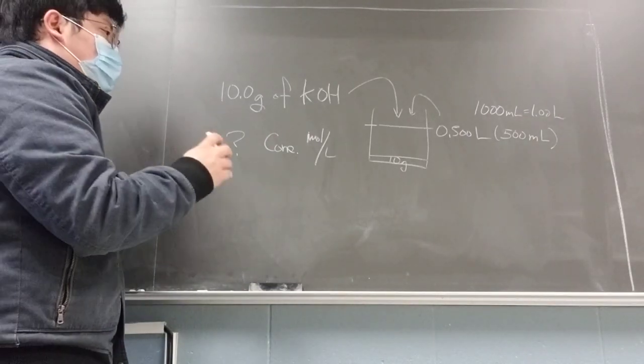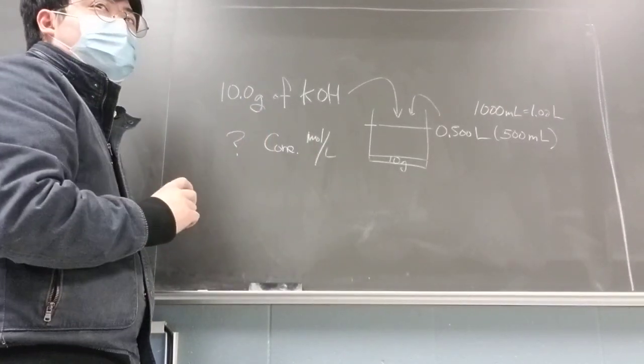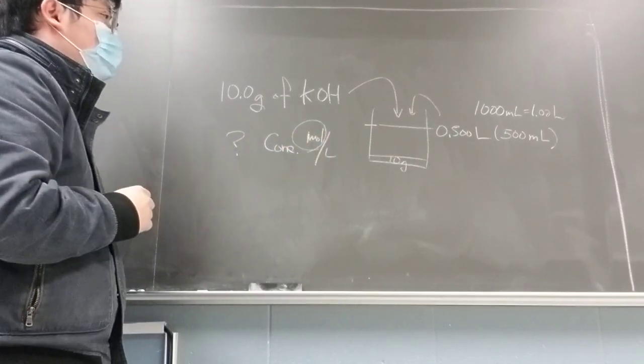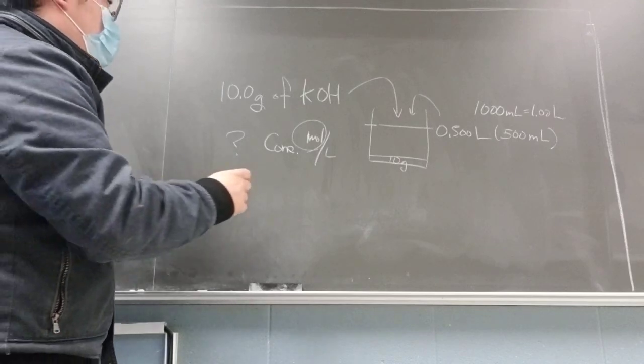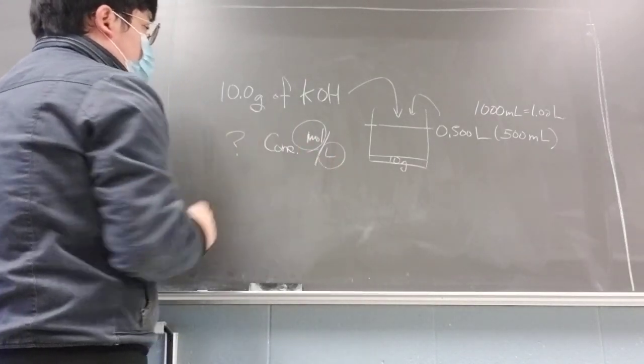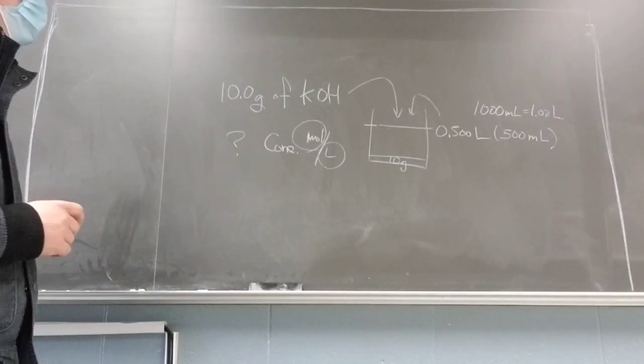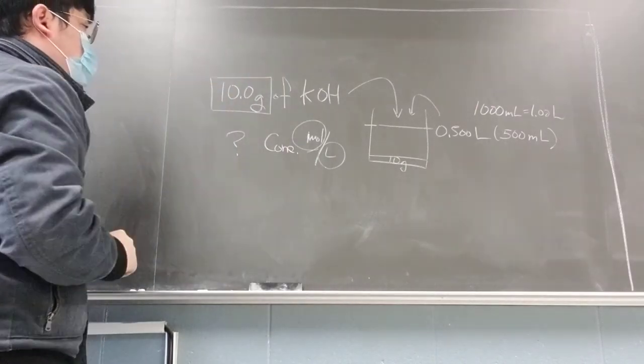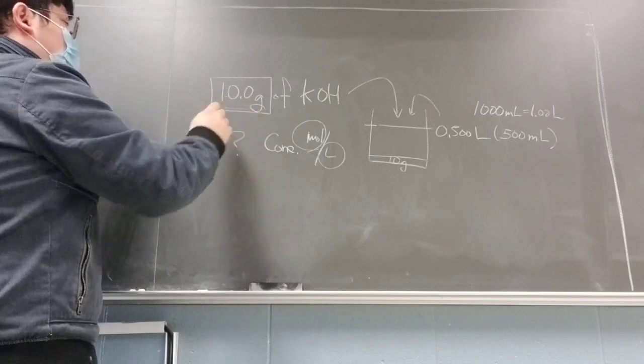To get the number for concentration, the first thing we need to know is how many moles we have for 10 grams of potassium hydroxide. Then we can use the volume to get the concentration. But the problem is we only have the mass, which is in grams.